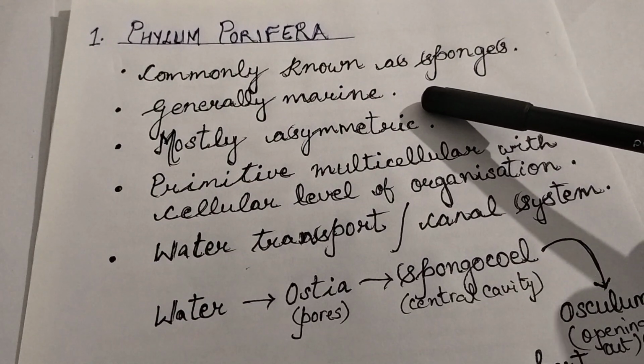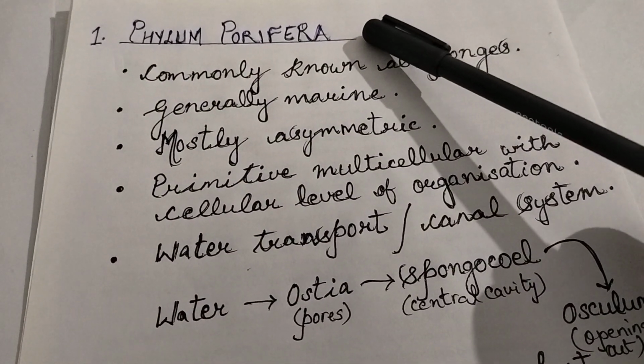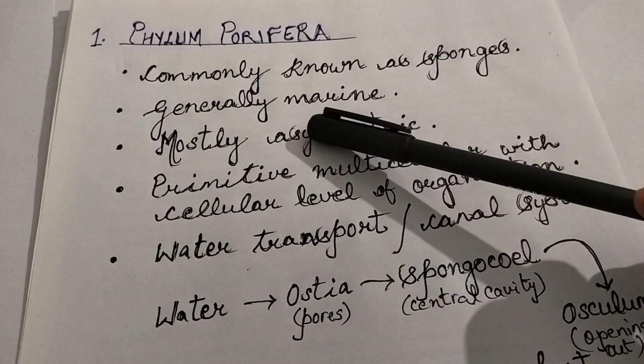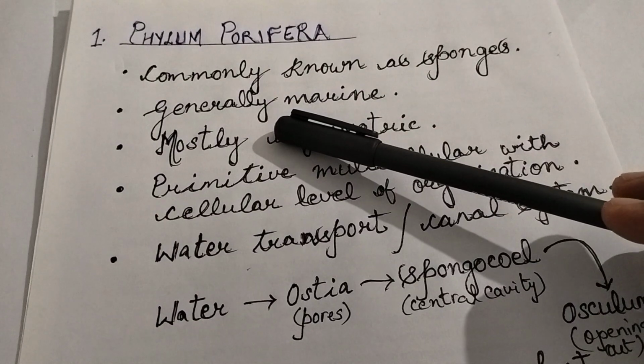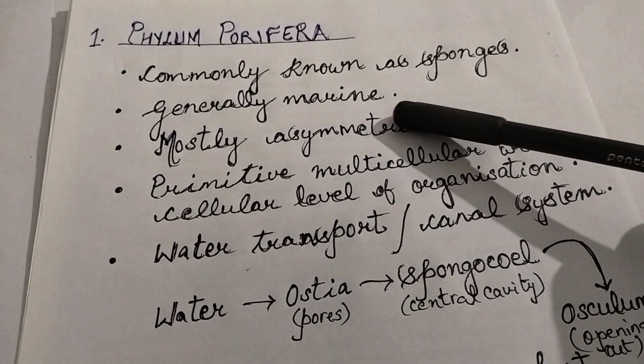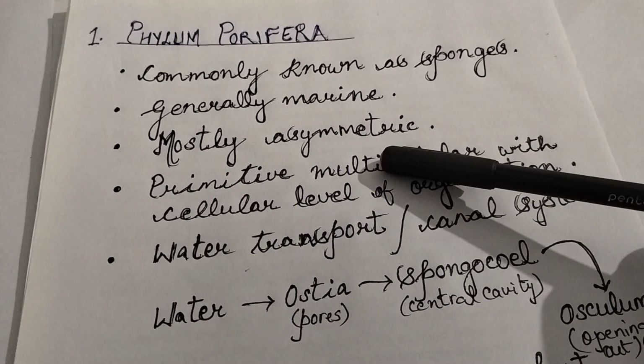Life started in water. So the first phylum of the animal kingdom is aquatic, and these poriferans are generally marine.